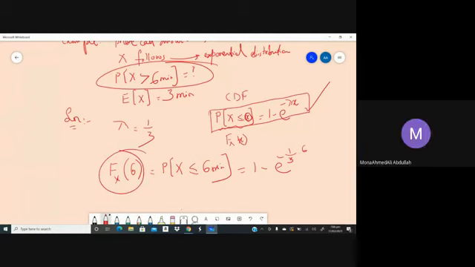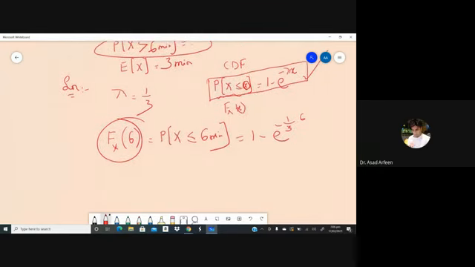Yes, maybe it is the complementary of the CDF, e to the power minus lambda x. So how will you write it? Because you want the probability that X is greater than 6 minutes, it will be 1 minus the probability that X is less than or equal to 6 minutes.